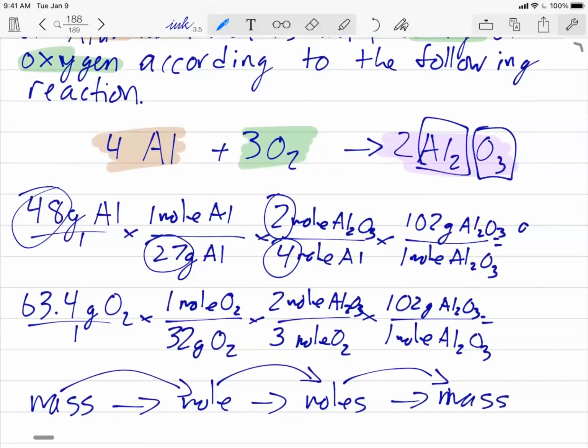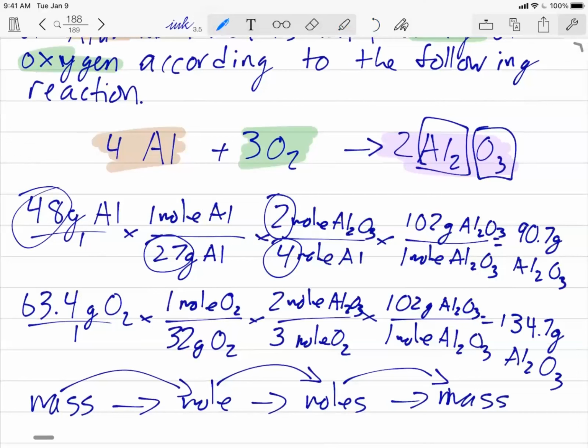And we get 90.7 grams of Al2O3. Do the same thing again below, so 63.4 divided by 32 times 2 divided by 3 times 102. Get to 134.7 grams of Al2O3.